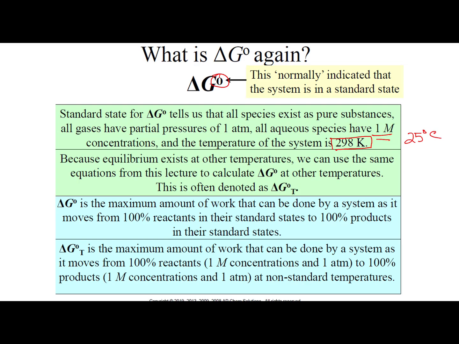Because equilibrium exists at other temperatures, we can use the same equations to calculate delta G at other temperatures, and usually you'll see that as delta G naught with a temperature. So again, delta G is the maximum amount of work that can be done by a system as it moves from 100% reactants in their standard states to 100% products in their standard states.